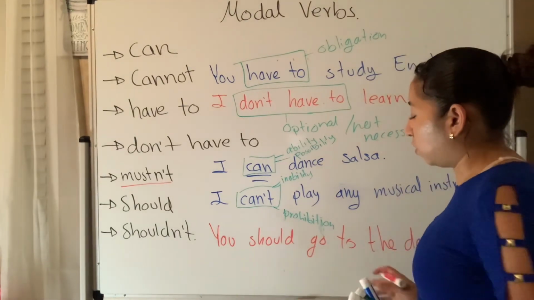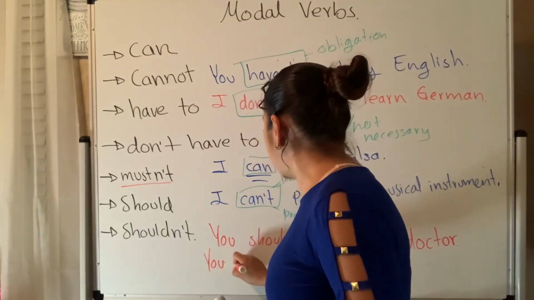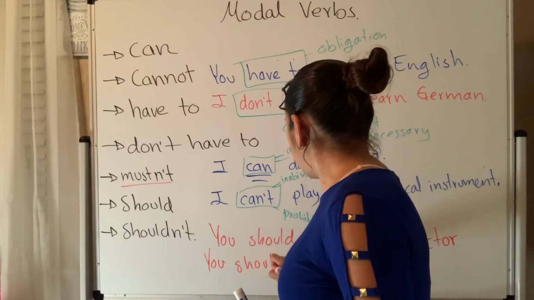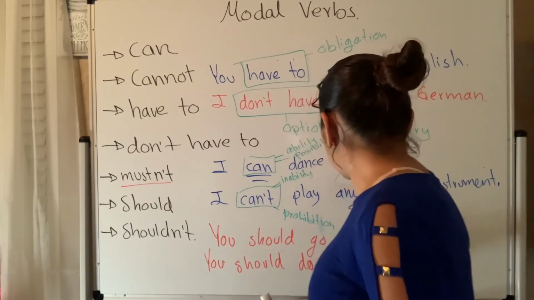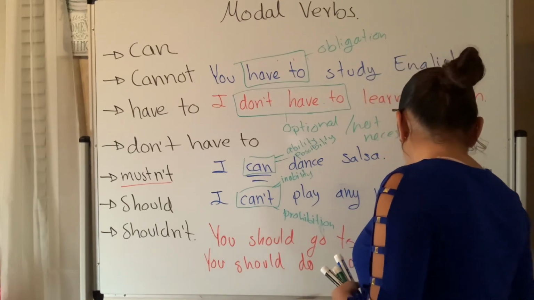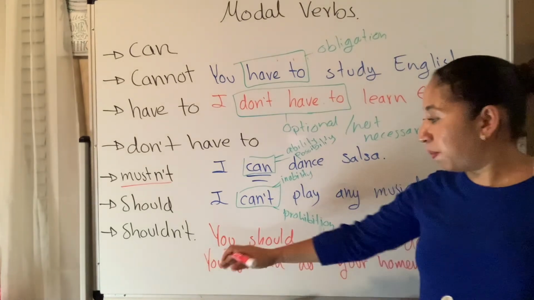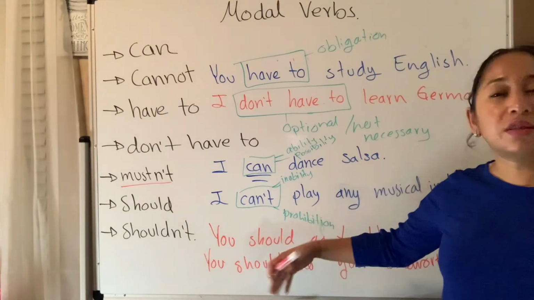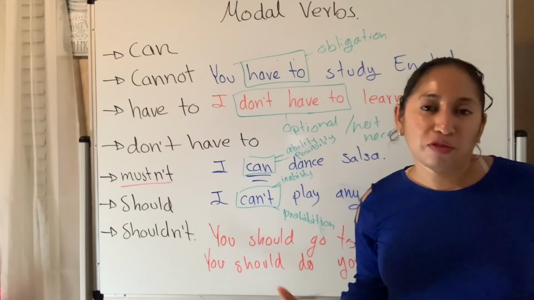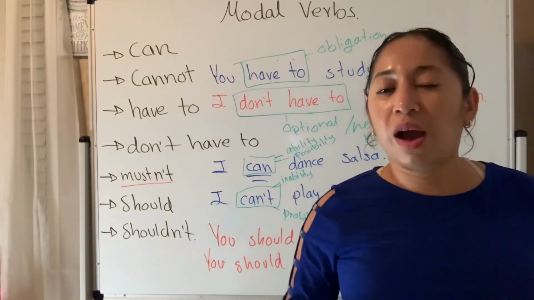You should go to the doctor. Or you should do your homework. That is an advice. It's not an obligation. It's something that you have to decide if you want to do, but you have to pay attention to that because sometimes you could have consequences.